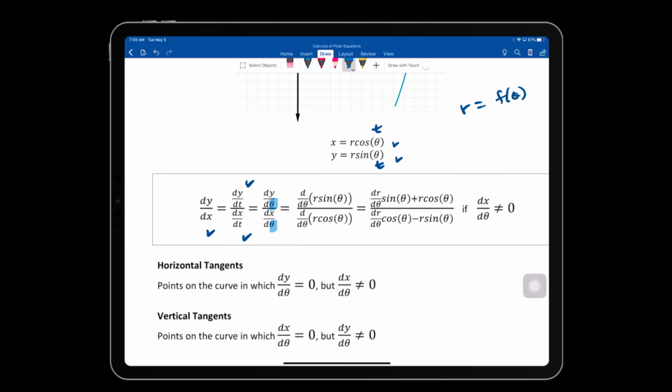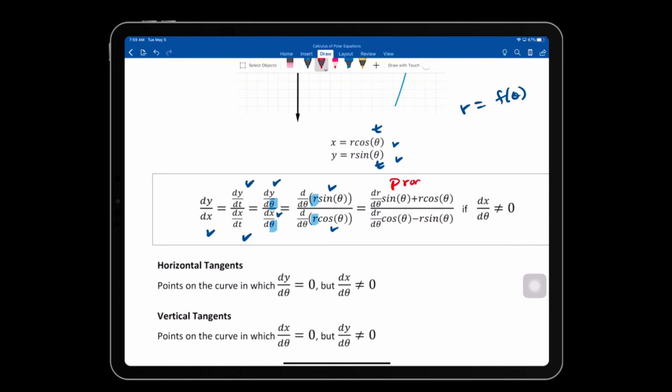Now I replace the variable y. Okay, so here's my y. I replace it with r sine theta, and I replace the variable x with r cosine theta. Now, r is a function of theta here. This is my point here. So we're going to have to use product rule when we differentiate. And so this is what we get here by product rule. So I'll write that down.